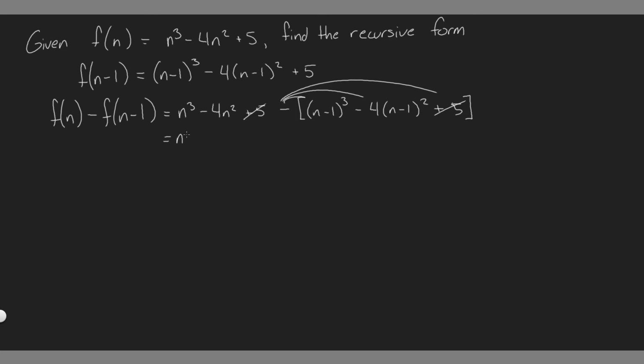So when we do that, we end up with n cubed minus 4n squared minus n cubed minus 3n squared plus 3n minus 1 plus 4n squared minus 2n plus 1.